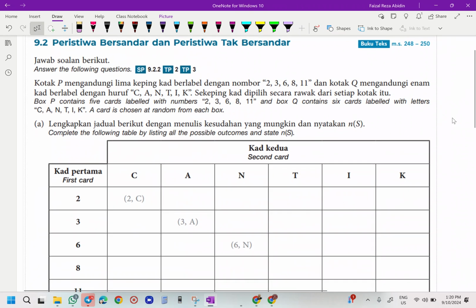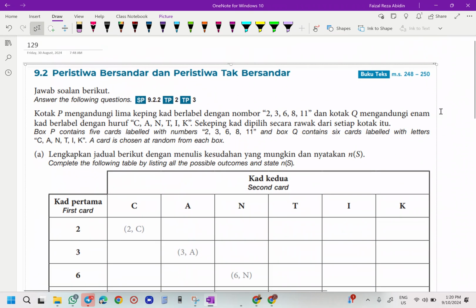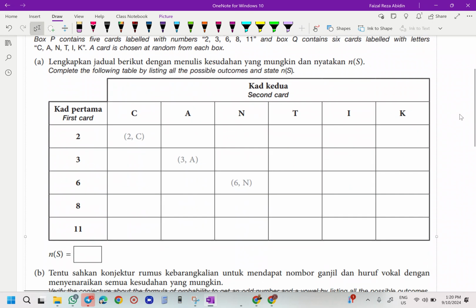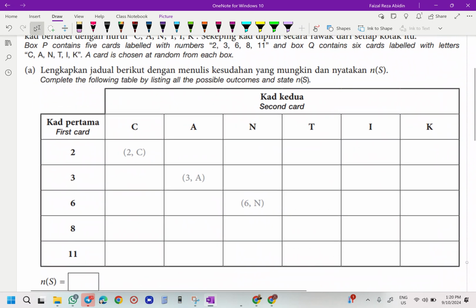Telling you just now, we can do our table to find our number of sample space. If you look over here, box P contains 5 cards labeled with numbers 2, 3, 6, 8, 11. It's given already.